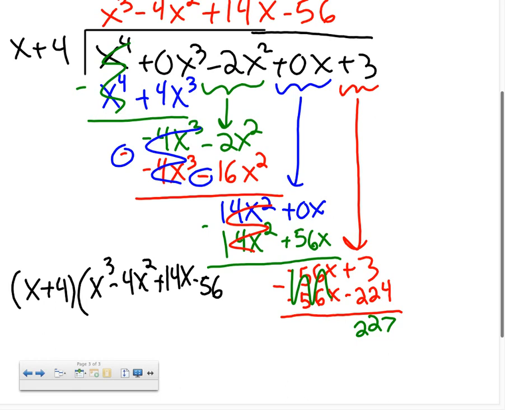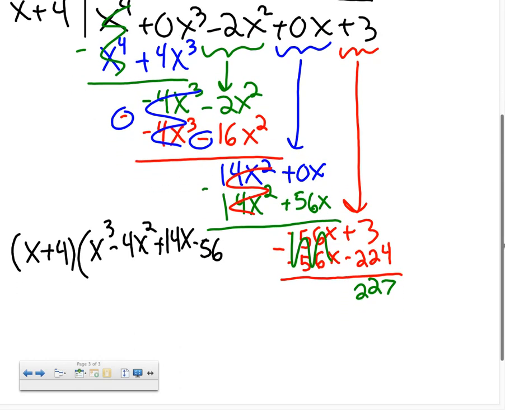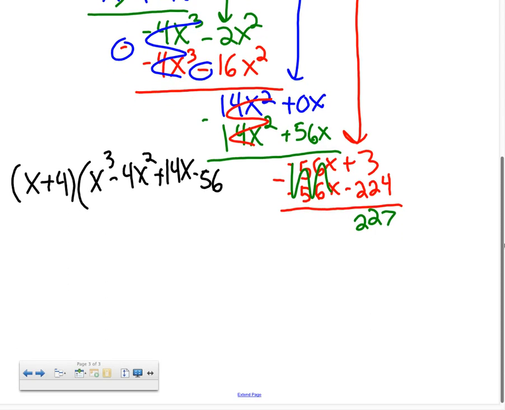And then how do I get my remainder in here? Well, my remainder is 227. And that's basically the part I couldn't divide. I could divide everything else. I just couldn't divide out that 227. So the way I record that is I say plus 227 over x plus 4, over what I'm dividing by.